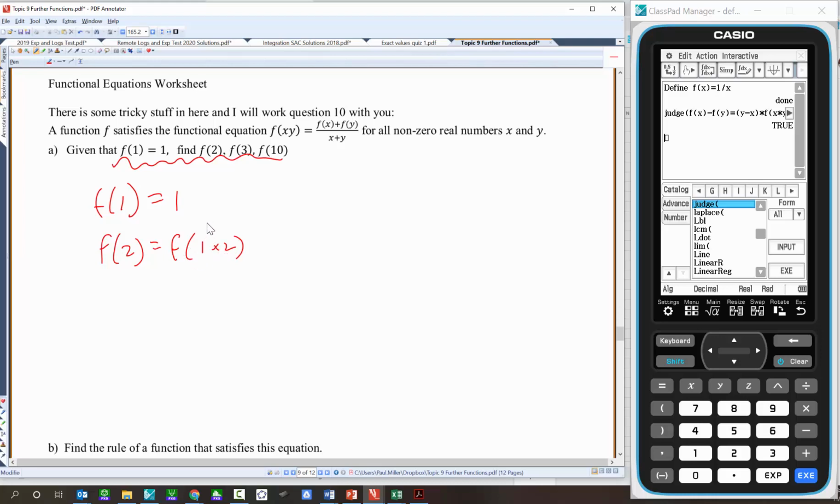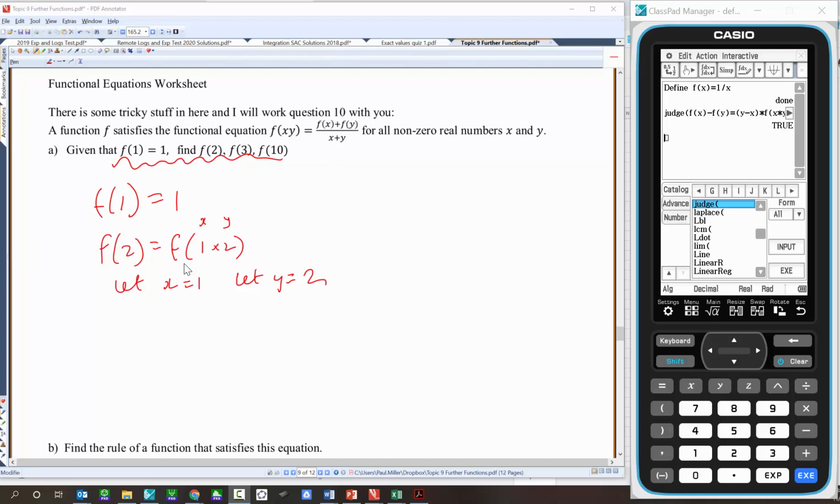Then I can say that if this is x and this is y, let x equal 1, let y equal 2. Now that I know that, I'm going to use this functional equation and just have a crack at it.